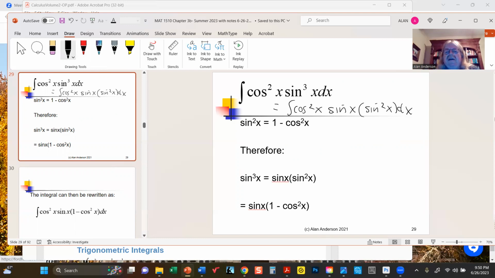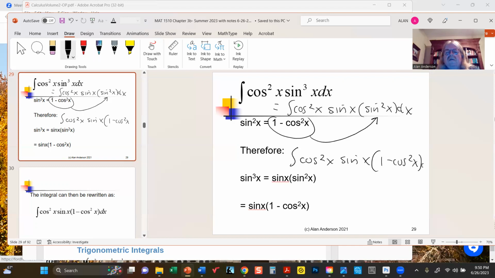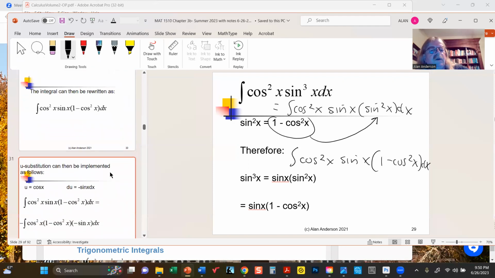But now you see what we can do. Now, first, let's make the substitution. Now, it's starting to look like maybe we're making it unnecessarily complicated. Oh, well, that's not good. But you'd be surprised. Okay. So let's jump ahead here and see how that could work.